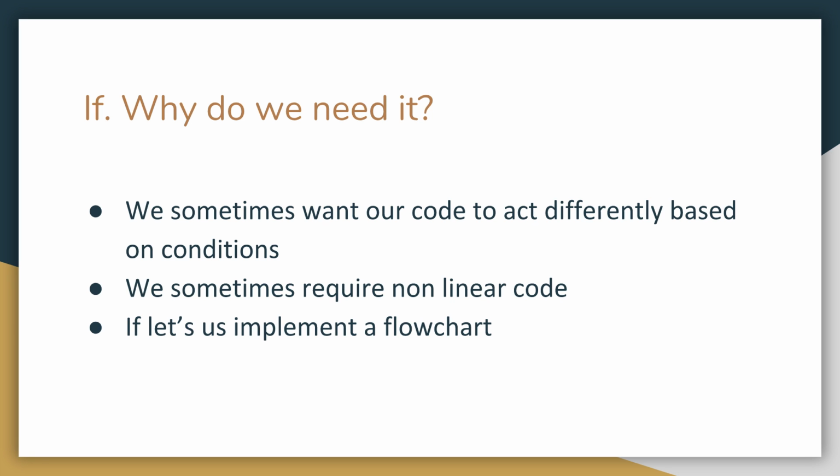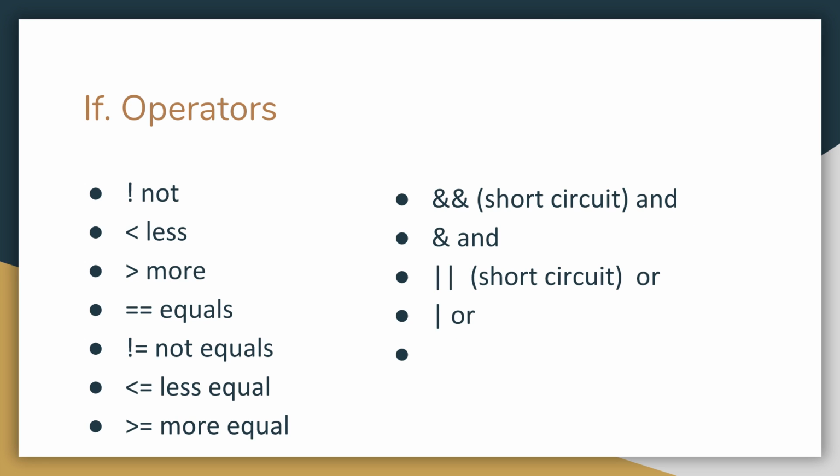Basically how they work: if some condition is true, your code will run. Else it will simply skip that part, which you wrapped with an if statement. And here are all the if operators, for negation, for comparison, and for combining conditions.